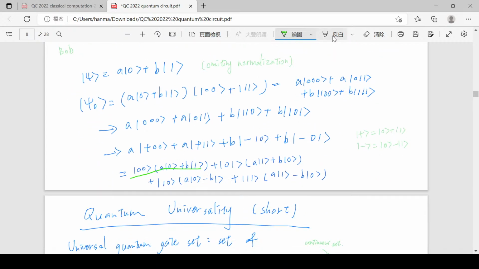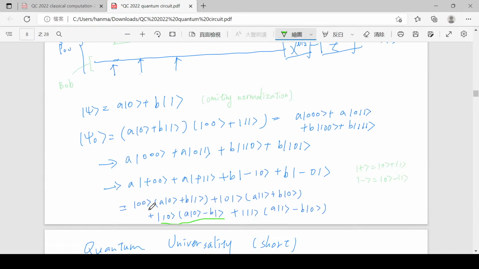And let's just check another possibility. Let's say you measure 1 0 here, then your third qubit is going to collapse into A0 minus B1. And you see, if you apply a Z gate here, then this minus sign will flip into a plus sign.